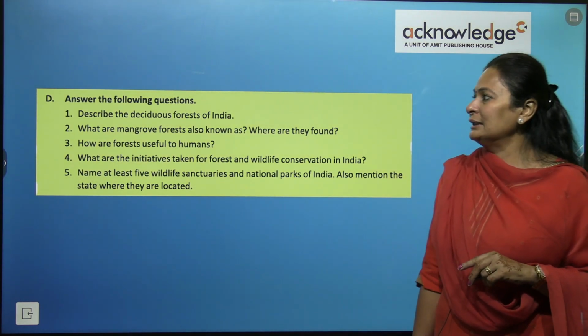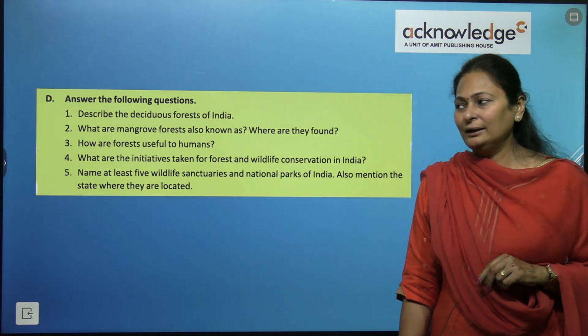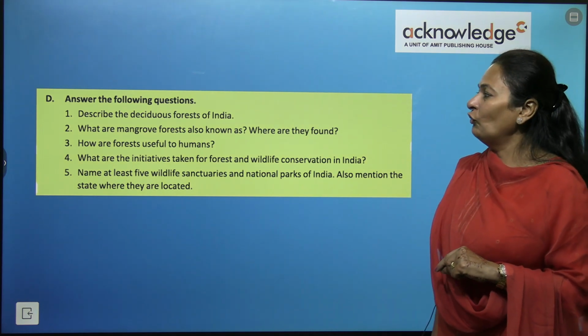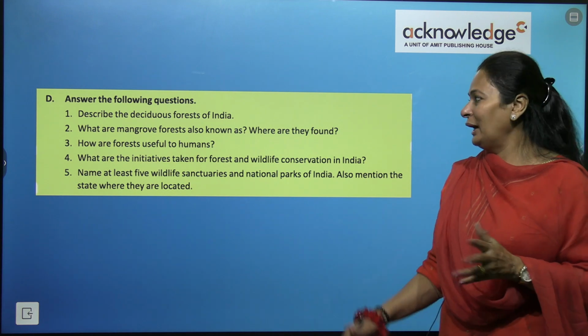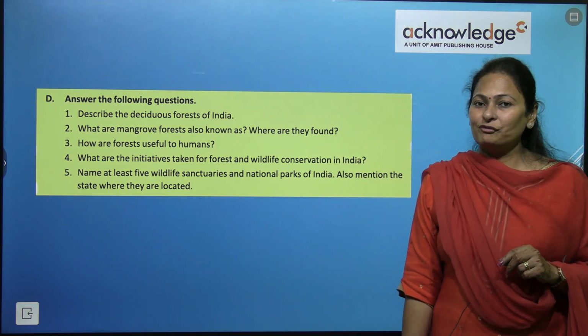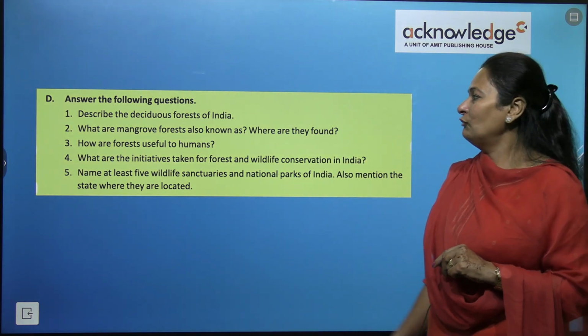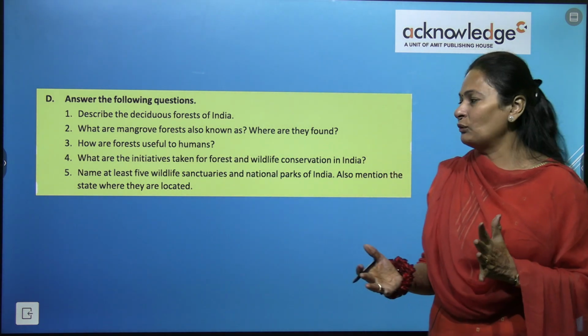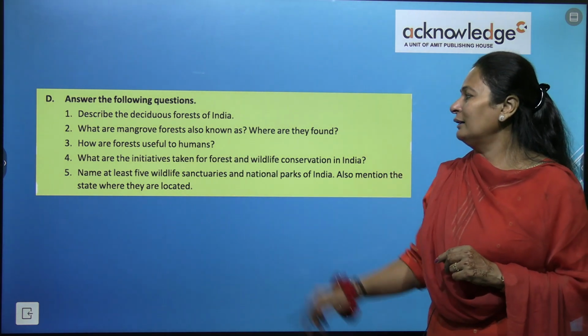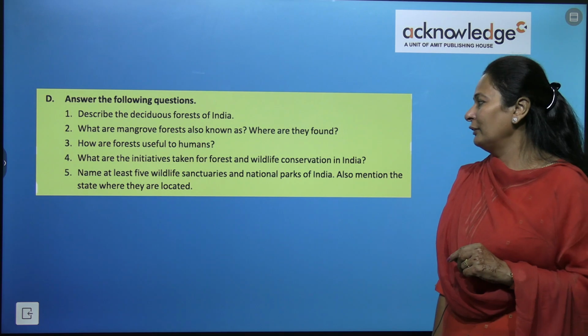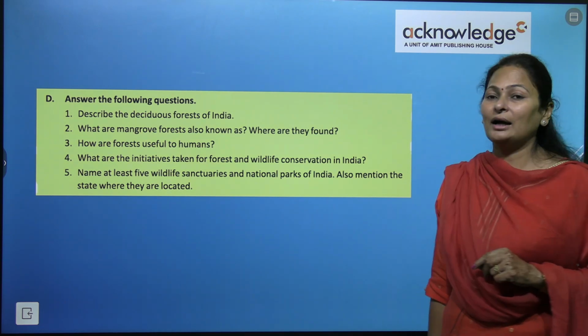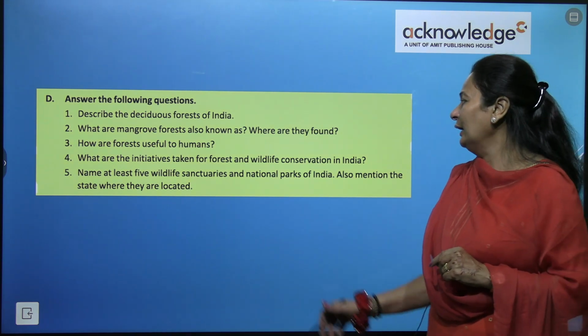So it's time for question answers, kids. Describe the deciduous forest of India. What are mangrove forests also known as, and where are they found? How are forests useful for us, for humans? What are the initiatives taken by the Forest and Wildlife Conservation of India?